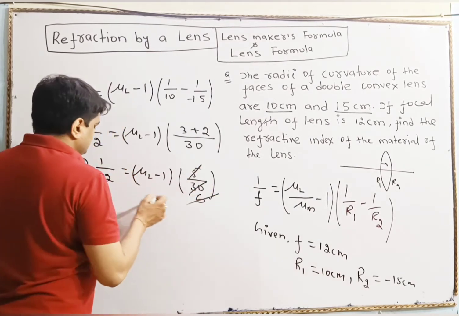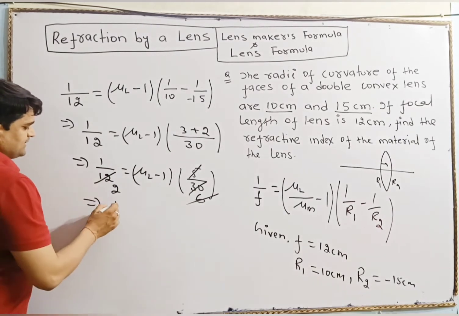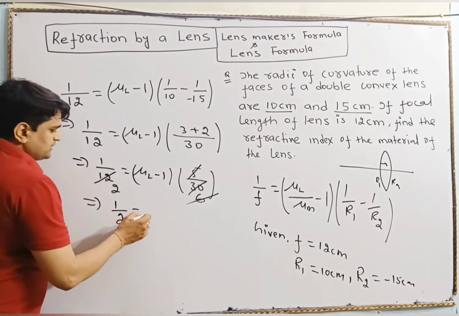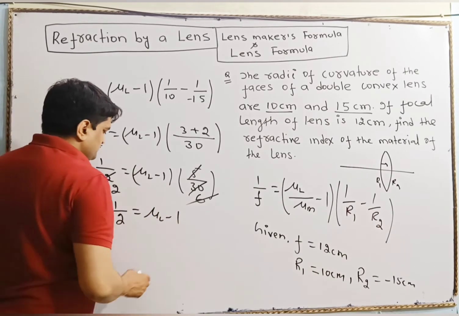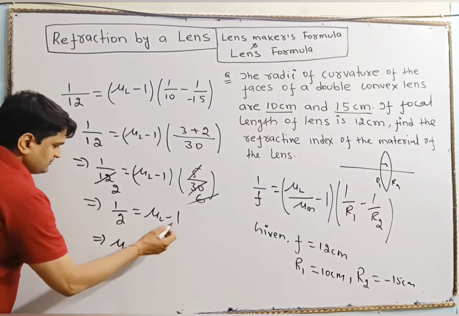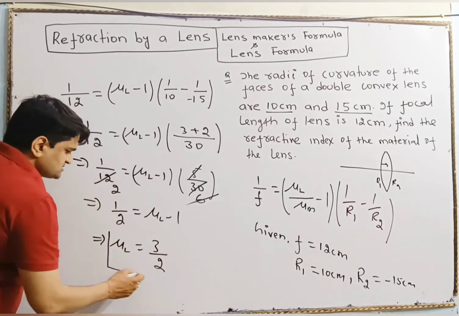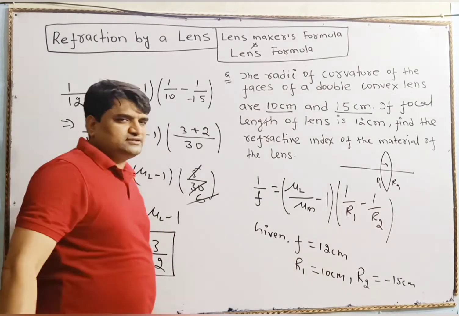Five sixes are 30, and 6 twos are 12. That is 1 upon 2 equal to mu L minus 1. So mu L will be 1 by 2 plus 1, it will be 3 by 2. Simple question and simple solution.